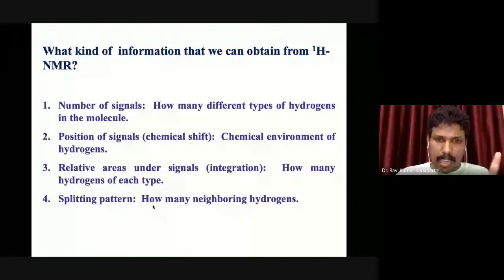Okay, maybe in the next class we will discuss this elaborately, but for the time being, just remember that an NMR signal will be split into n+1 signals if it has n different type of protons in the neighboring atoms.